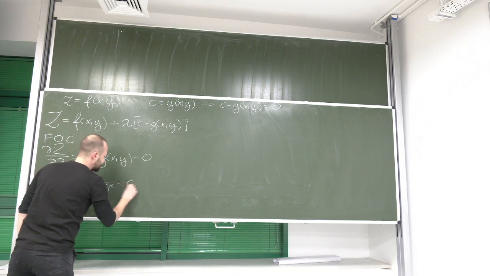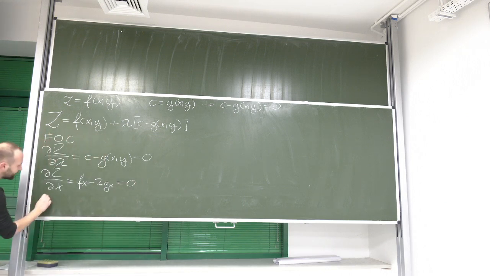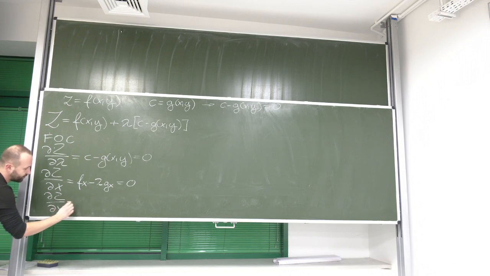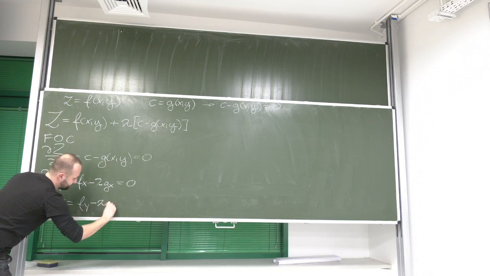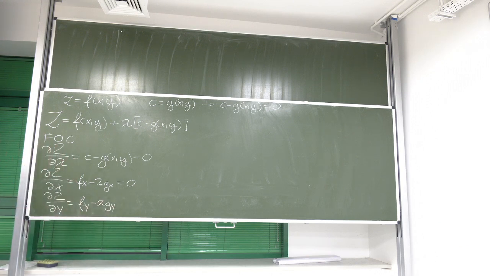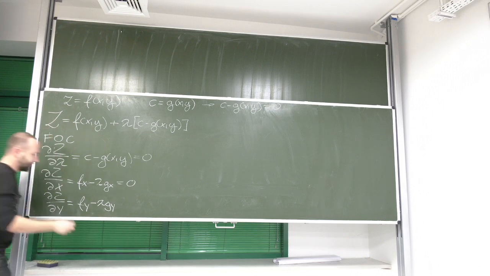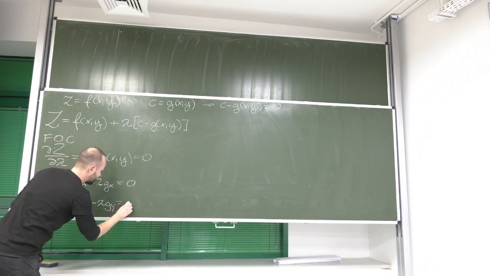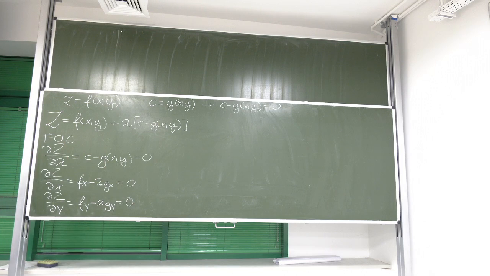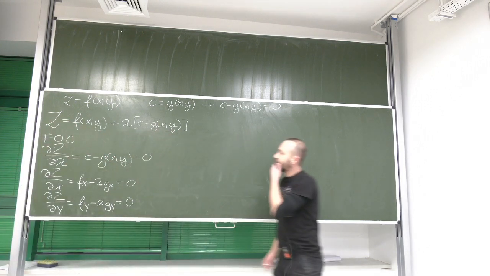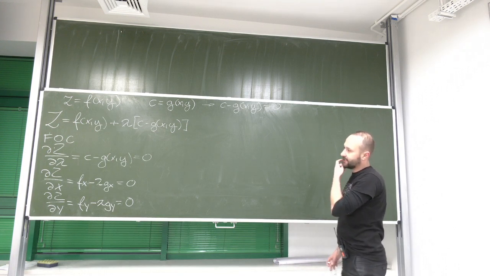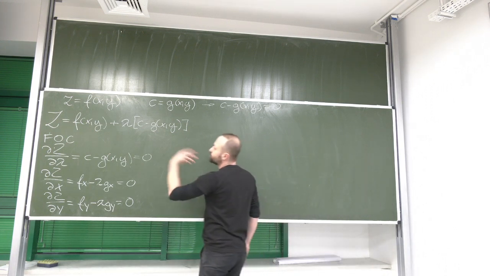And we equalize this with 0. And finally, we calculate the derivative with respect to variable y, where fy and gy are respective partial derivatives of function f and g with respect to y, and we equalize it with 0.